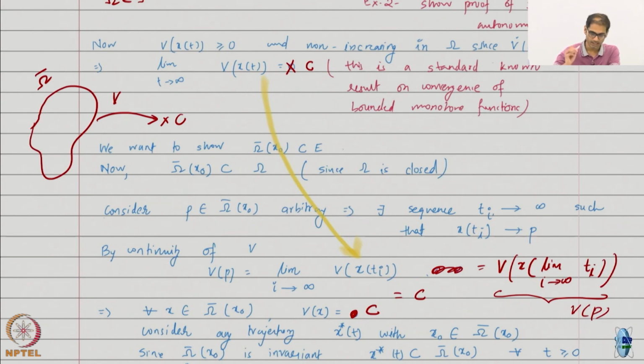Subsequence is irrelevant here. Notice the subsequence is only used to construct this set. What will your typical trajectories look like? I am telling you, it could be like this, could be this, could be this, could be this.